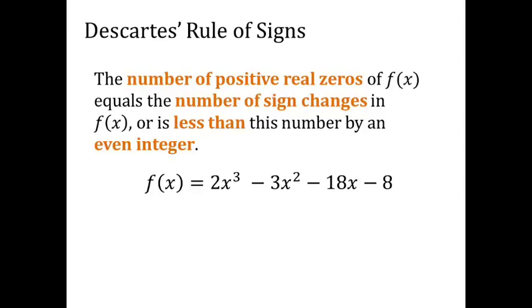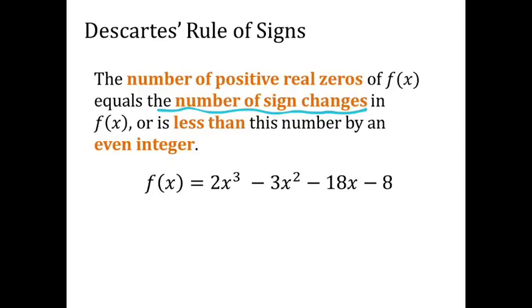Now, the rule of signs tells me that the number of positive real zeros is going to be equal to the number of sign changes in f of x, or it's going to be less than this number by an even integer. So it sounds a little confusing, but let's look and see what it looks like in practice. We're going to start out by looking for the number of sign changes in f of x.